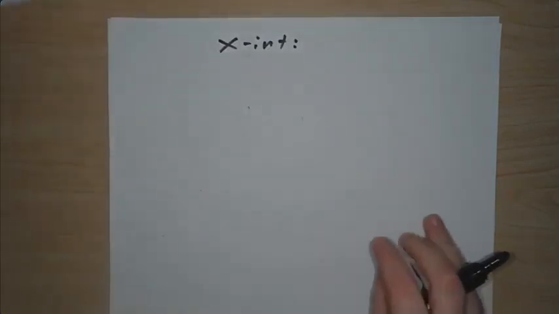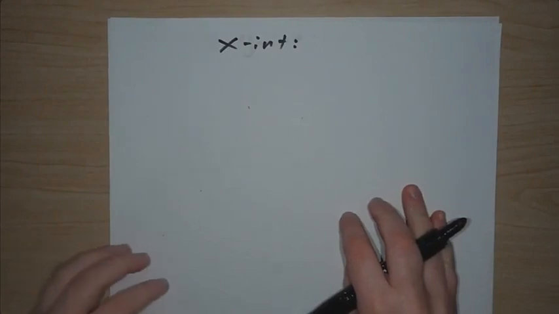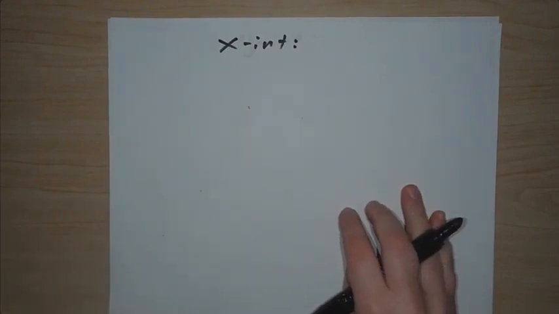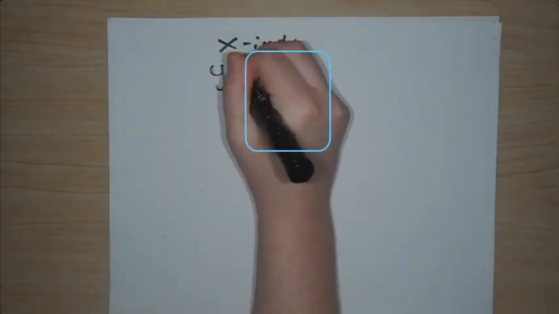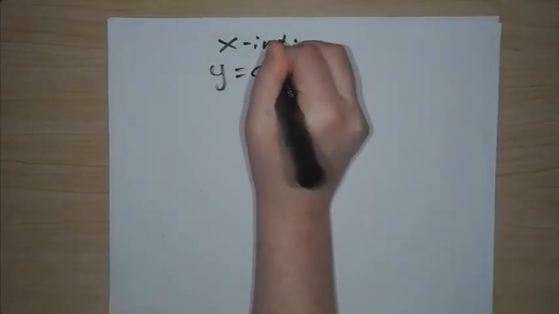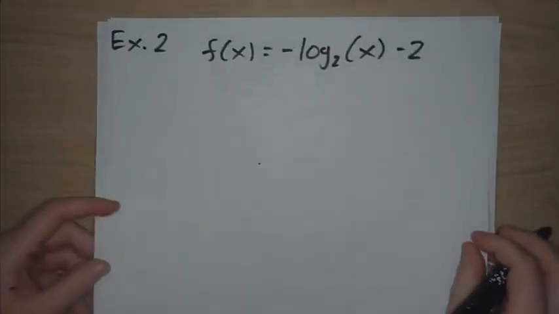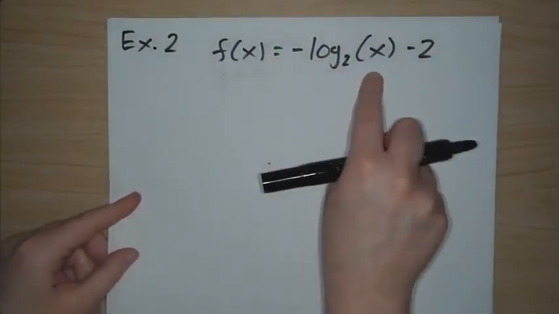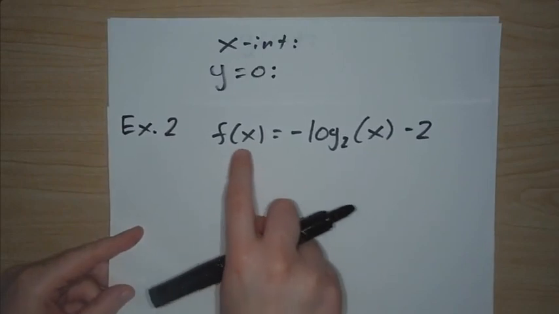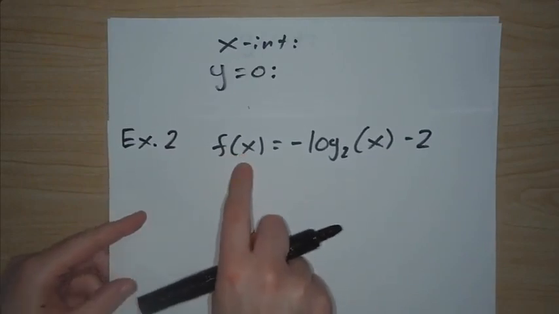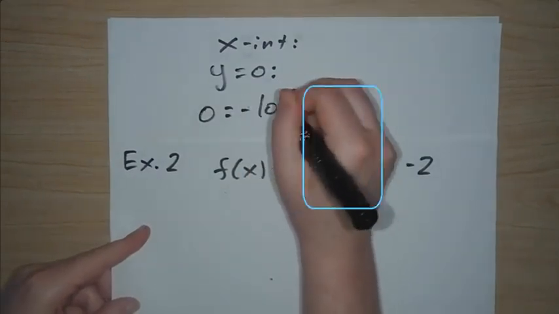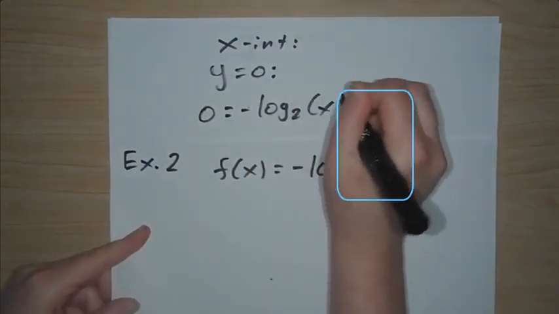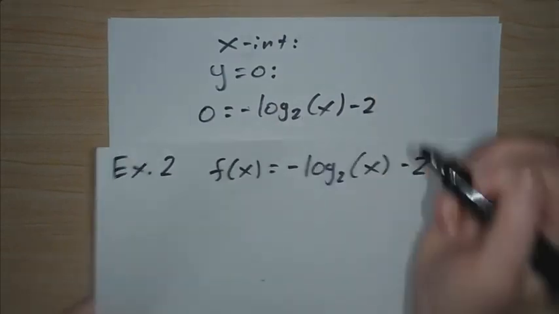So first, the x-intercept. If we want to solve it algebraically, we know that our x-intercept happens when y is equal to 0. So if we go to our function over here and substitute f of x with 0, we have 0 is equal to negative log base 2 of x minus 2.